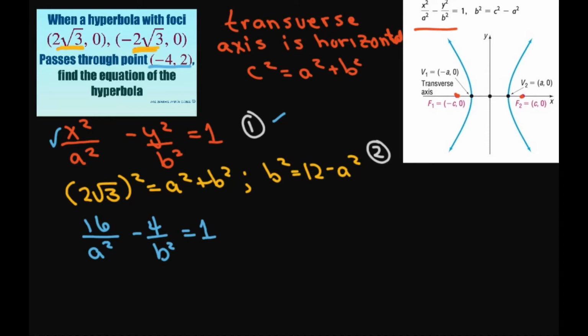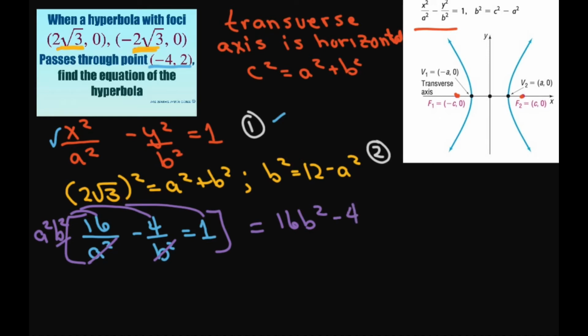Now what I'm going to do is simplify this by multiplying through by my least common denominator, which is a squared times b squared. When I multiply each term, the a squared will go away here, so we'll have 16b squared, this will cancel with that, so we get minus 4a squared equals a squared times b squared. Let's call this one equation 3.